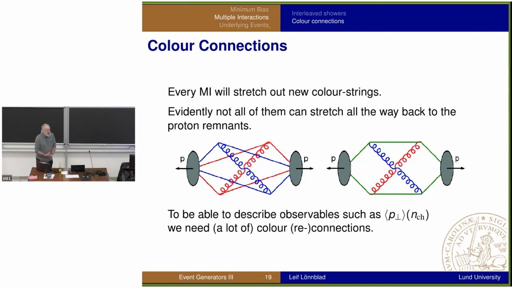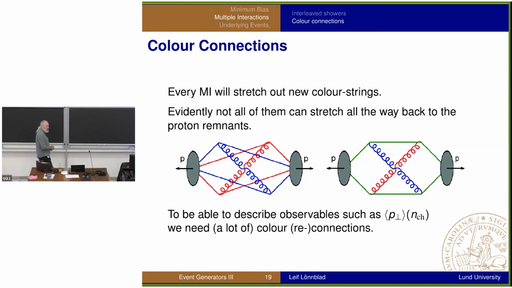So we have NC goes to infinity as the leading approximation in color, but it could very well look like this. So you have a string stretching from the proton to a gluon, to another gluon, to a proton. And in fact, if the colors allow it, this would be some kind of the preferred situation. Because if you don't do this, you will find, especially in this direction, for every multiple scattering, you will get more strings to break.